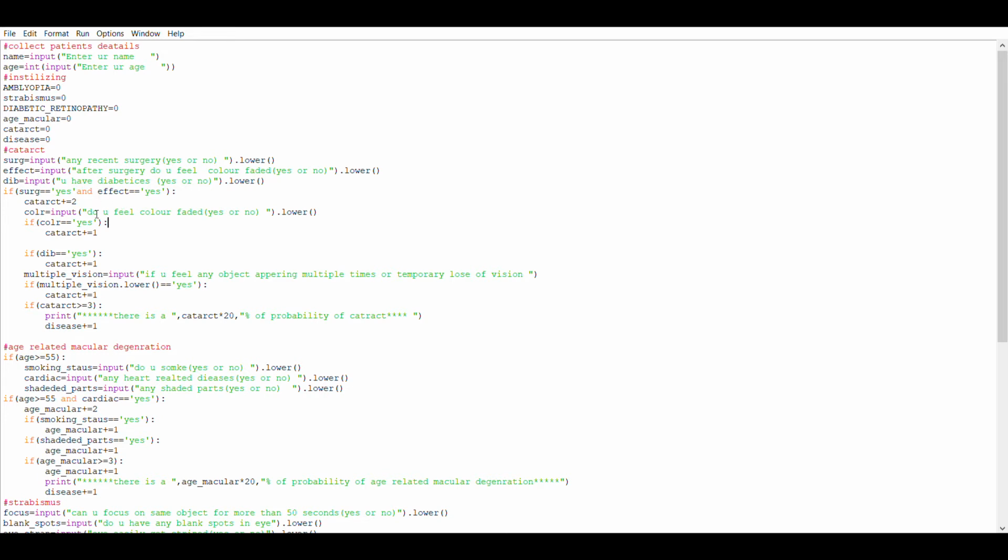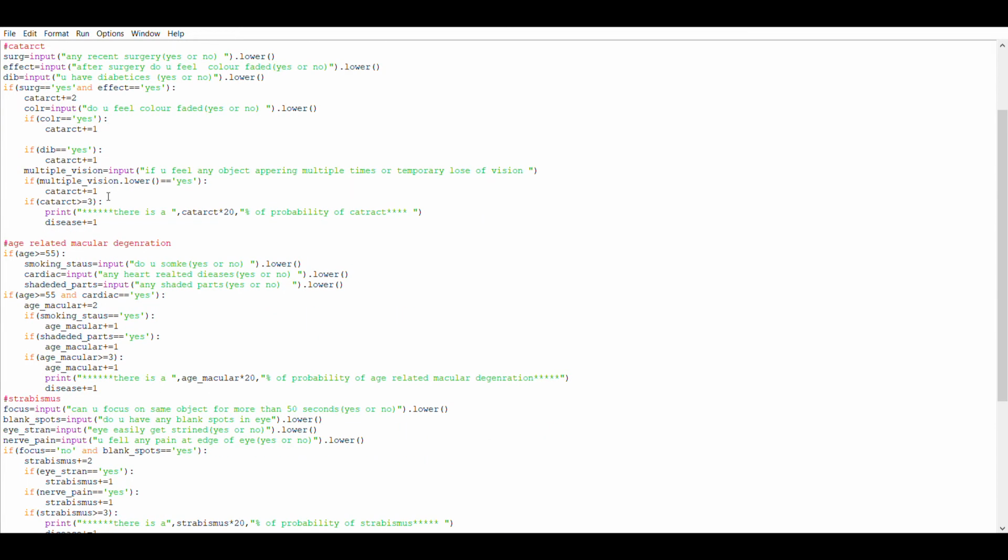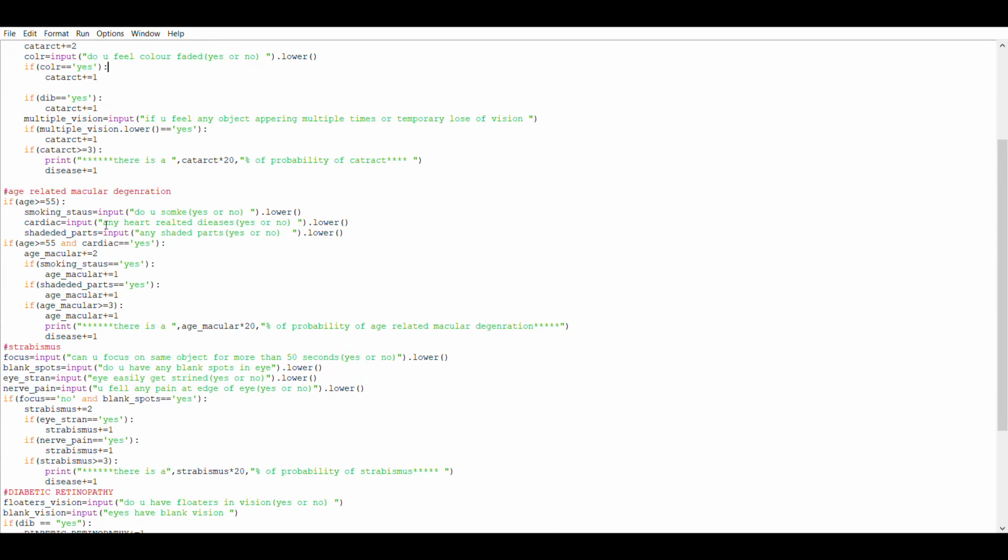If any color is faded, we add one. If diabetic patient, we add one. If the count is greater than or equal to 3, we have maximum probability of cataract. So we multiply by 20 and get the percentage probability of cataract.